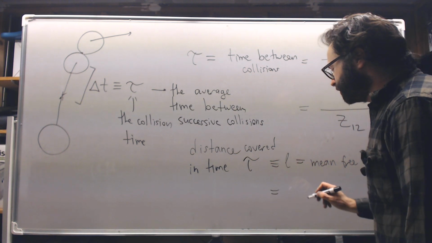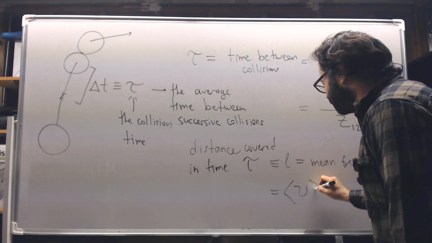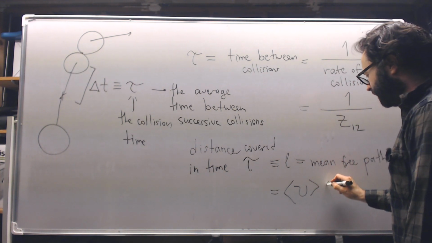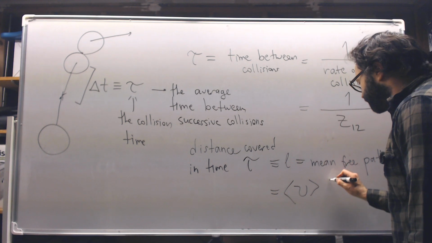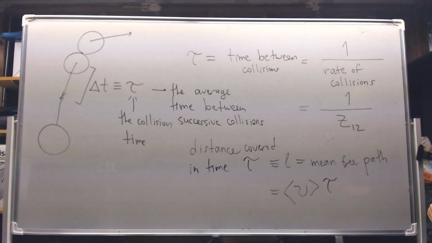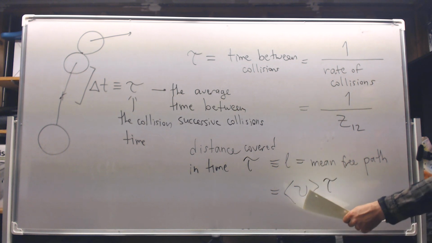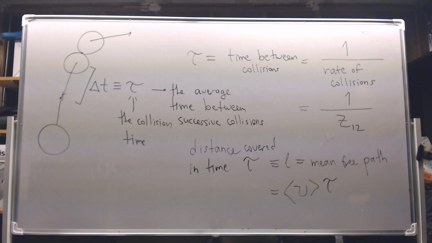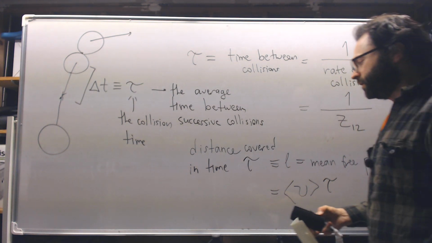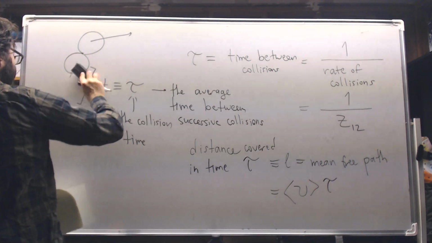This quantity is just the average speed with which the molecule travels times the average time that the particle travels between collisions. So the mean free path is related to the average speed and the time between collisions, the average collision time. What is this quantity, the mean free path?